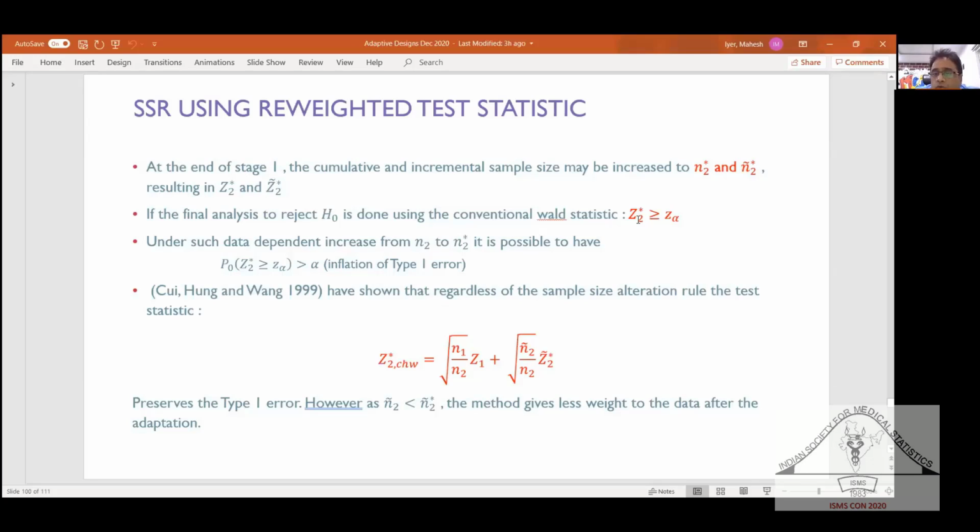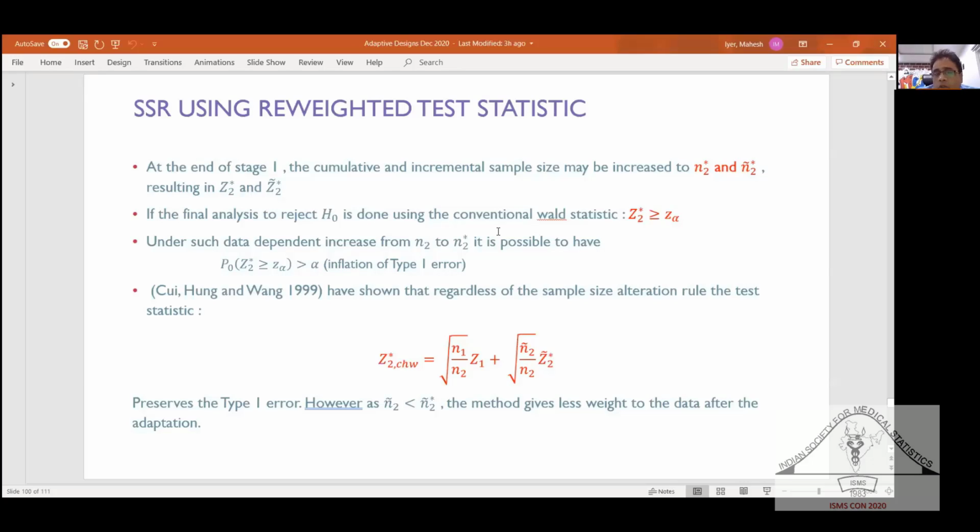If you directly use Z2 star at the end, like you were using Z2 before, then it results in an inflation of type 1 error. We know this, because we have changed the design based on what we saw at the interim, going from N2 to N2 star. If you use Z2 star directly as a conventional Wald statistic, the type 1 error will be greater than alpha.